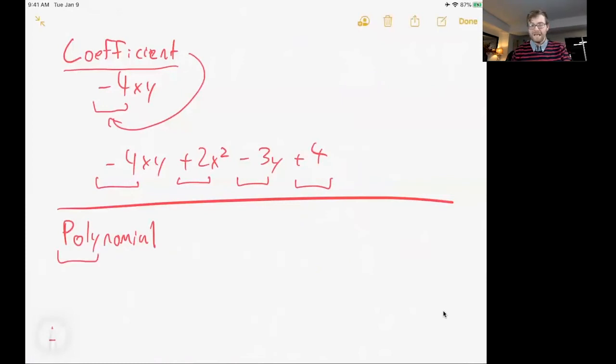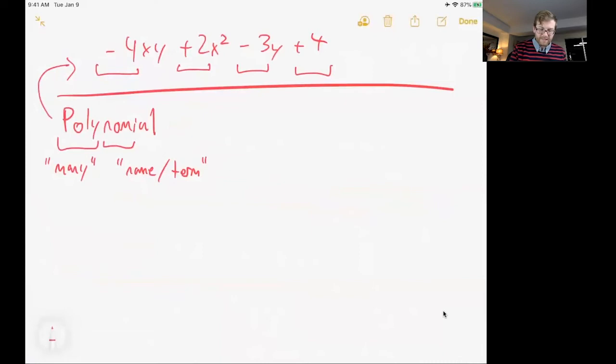Poly means many, and nome means name or term, okay? And so polynomial essentially means many terms. It's a thing with many terms. This thing that I drew up here, that's actually a polynomial. It's got many terms. It's got 4 terms, okay?